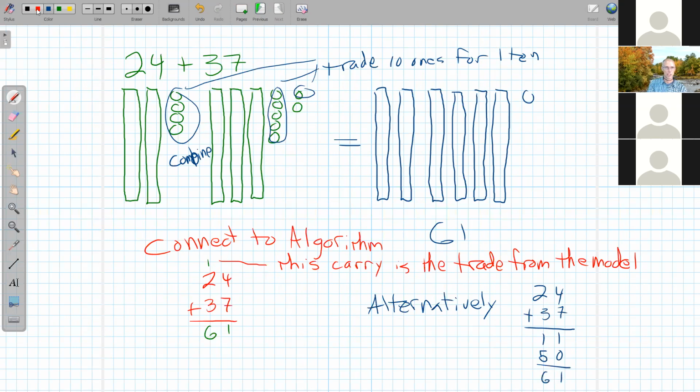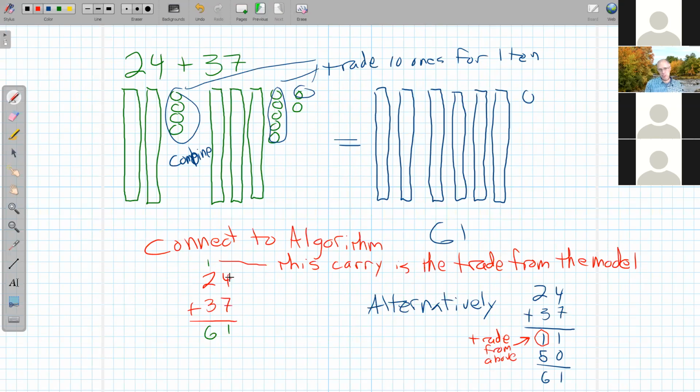And so in this case, this extra number here is the trade from above. That 1 jumped into the next column magically because of the way we write numbers.